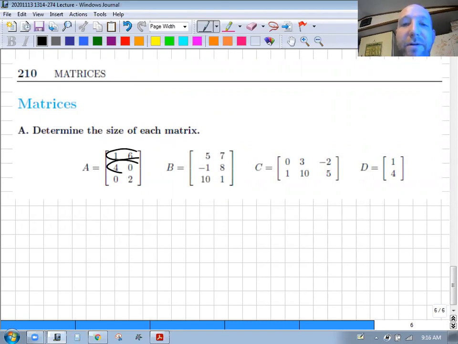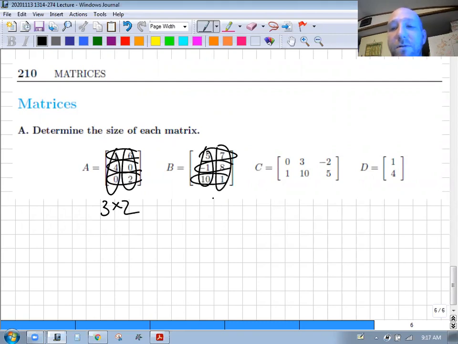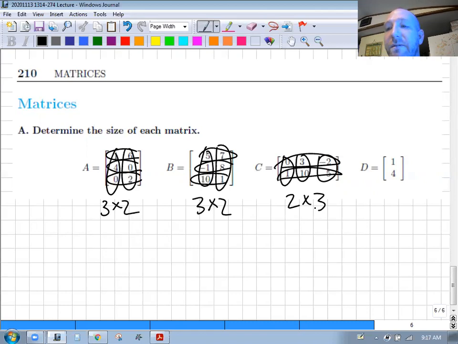This one has 3 rows and 2 columns, so it's a 3 by 2. 2 rows, 3 columns, it's a 2 by 3. 2 rows, 1 column, it's a 2 by 1.